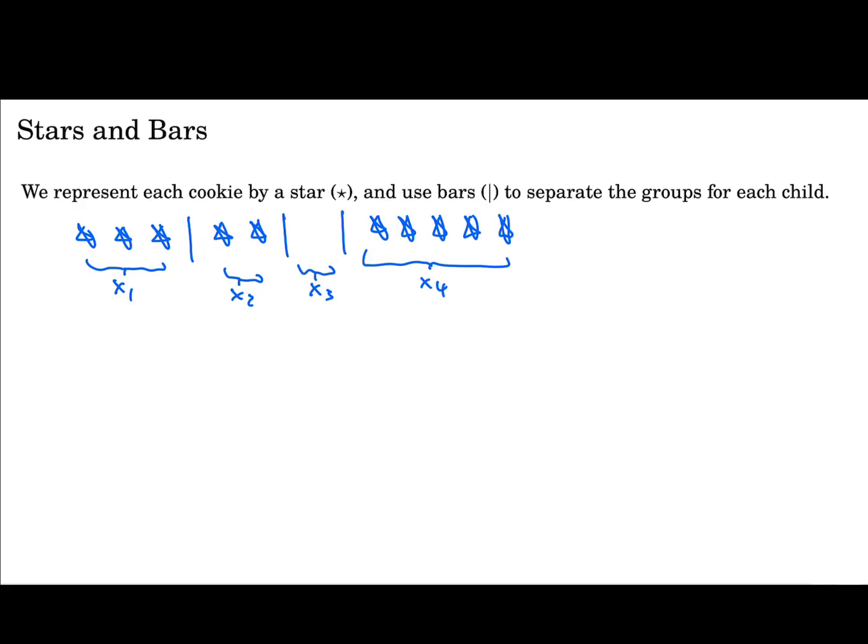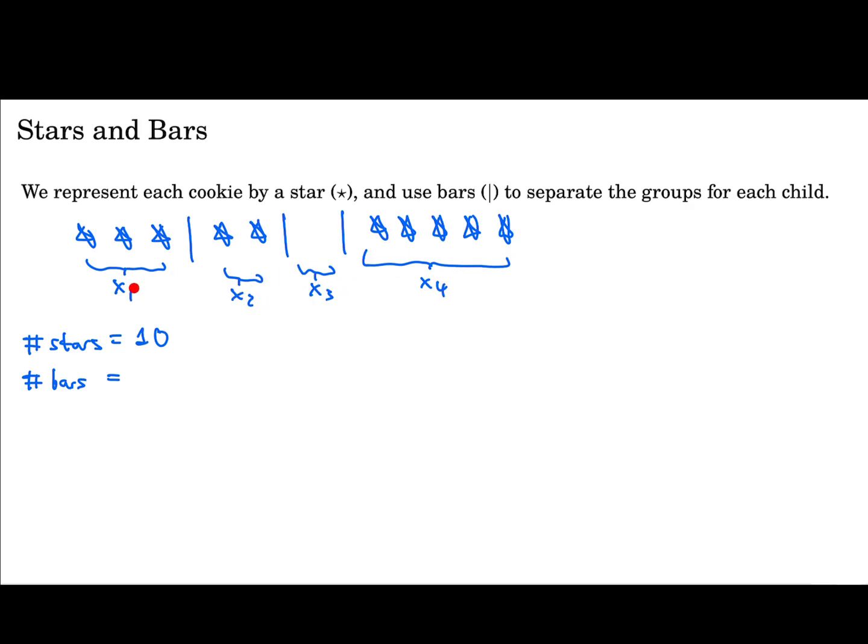In this case, the number of stars is equal to the number of cookies, which is 10. And then the number of bars: since we have 4 kids, we actually have 3 bars, because the bars go in between the separations.